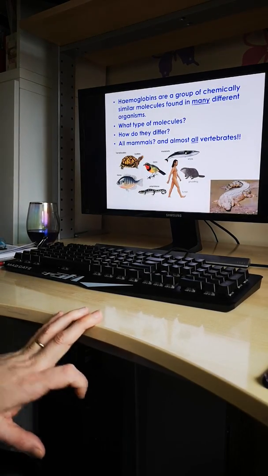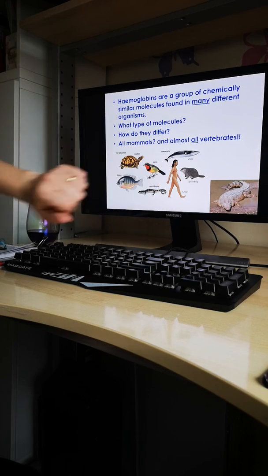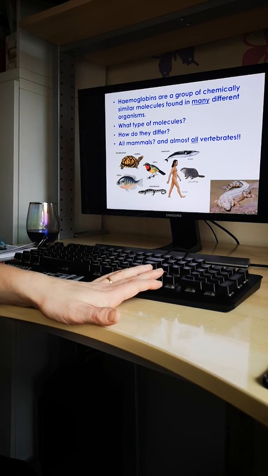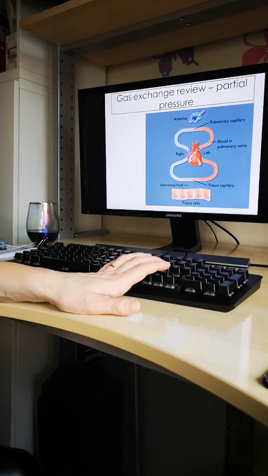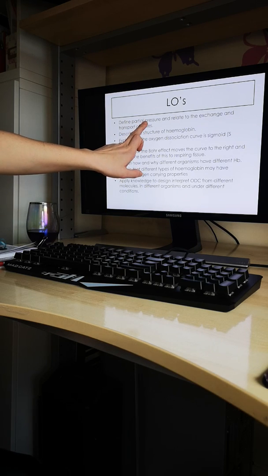In other words, those molecules might be a little bit better for the gas exchange system of that particular species and the habitat that it lives in. But we'll come back to that idea later on. So if we go back to our learning objectives, we know what partial pressure is now. Partial pressure is concentration of a gas in a mixture.